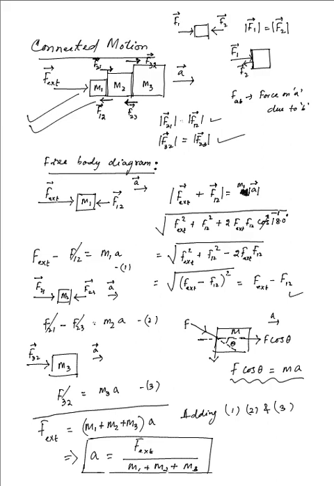I'm writing the question over here. Suppose the masses that have been provided in this particular system, that is this figure, are m1 equal to 2 kg, m2 equal to 3 kg, and m3 equal to 5 kg.